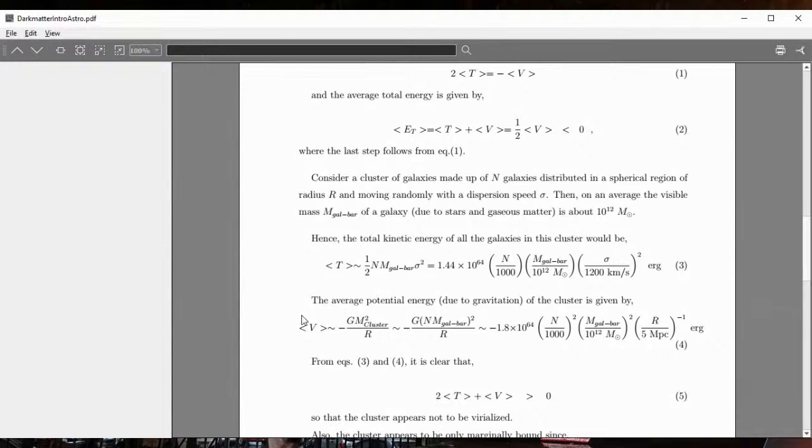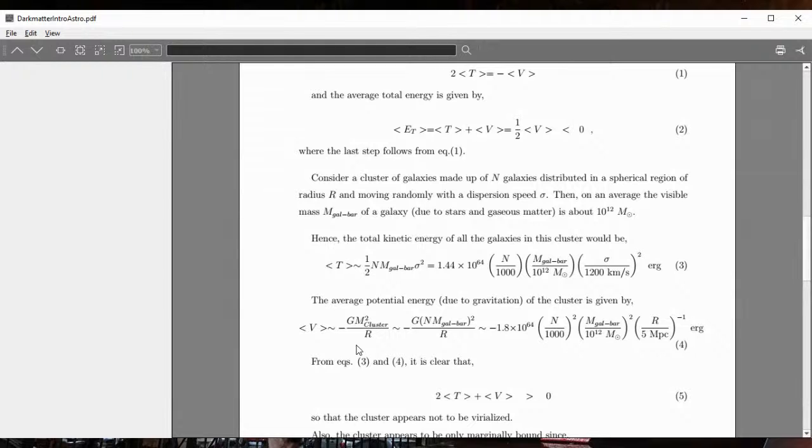Similarly, we can also estimate the total gravitational potential energy of the cluster, assuming that the cluster is totally composed of baryonic matter. So if the cluster mass is M_cluster, then we know that the gravitational potential energy is minus G M squared cluster divided by the size of the cluster.